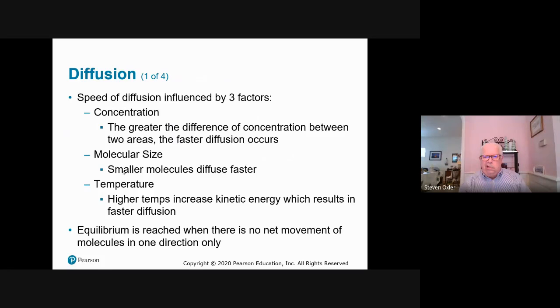Higher temperatures increase the kinetic energy, which results in faster diffusion. Equilibrium is reached when there is no longer a movement in either direction, inside or outside of the cell. That's known as homeostasis, equilibrium.